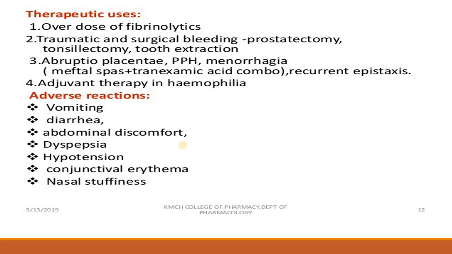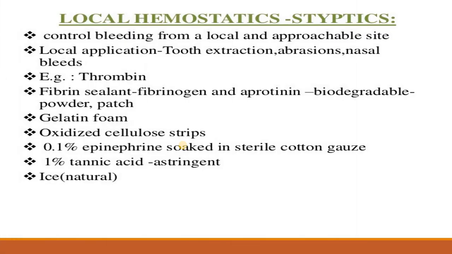Next is placenta, PPH, postpartum hemorrhage, also menorrhagia, and epistaxis. Tranexamic acid combination is used; the frequent episodic therapy is adjusted in hemophilia. Adverse reactions: vomiting, diarrhea, abdominal discomfort, dysphagia, hypotension, arrhythmia, and nasal stiffness. Okay, these are all the adverse reactions.